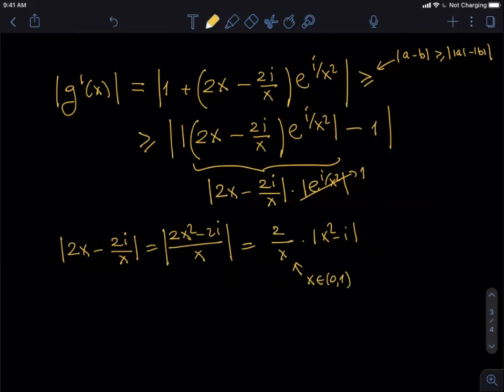And then the only thing that is left is, what is this absolute value here of x squared minus I? And we need to see that in the complex plane. This is I here. So this is 1. And x squared is going to be somewhere in this interval.